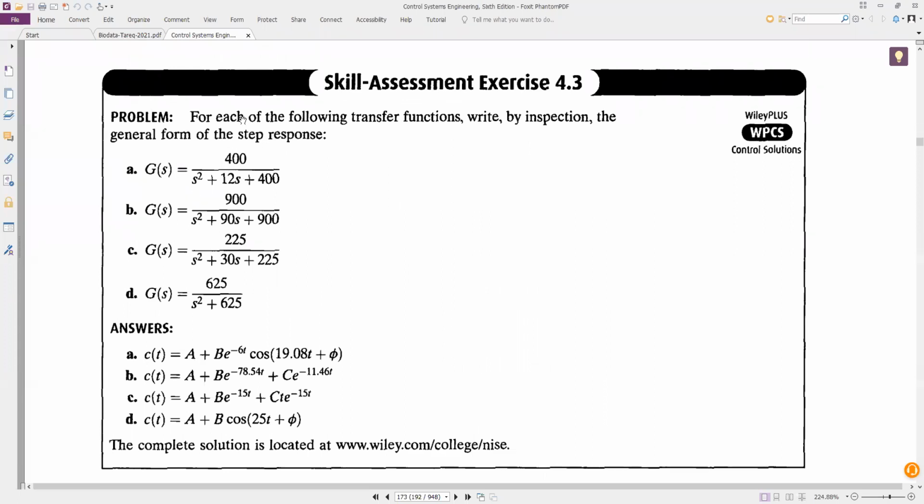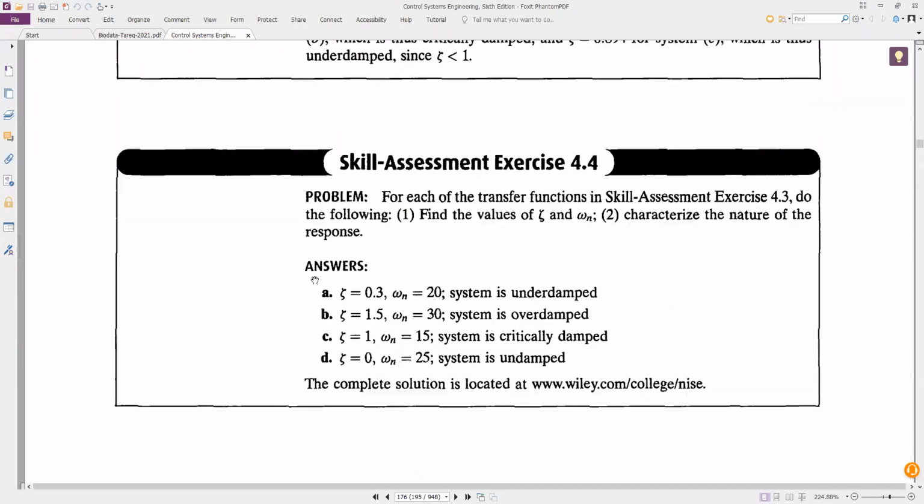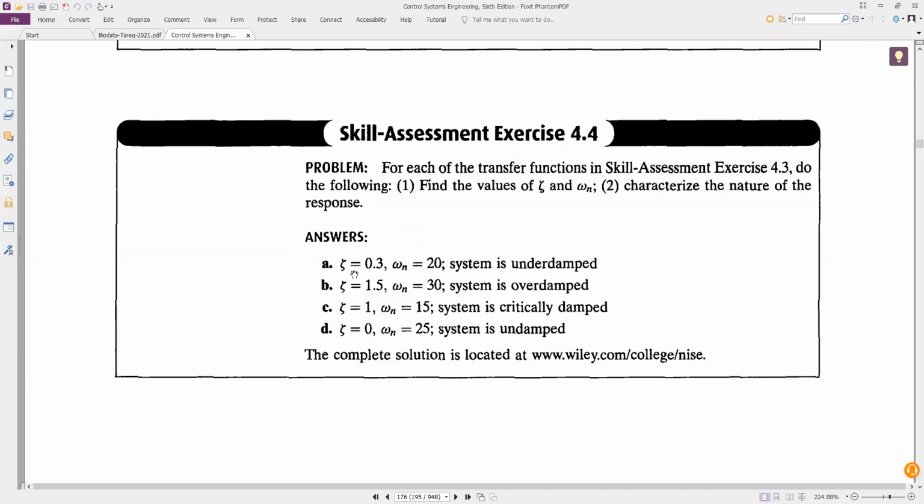For this one, you can also find zeta and omega n and find the output response. Also check exercise 4.4. I will not show you because it is the same thing. Find out zeta, find out omega n, and say what kind of system response it would be.